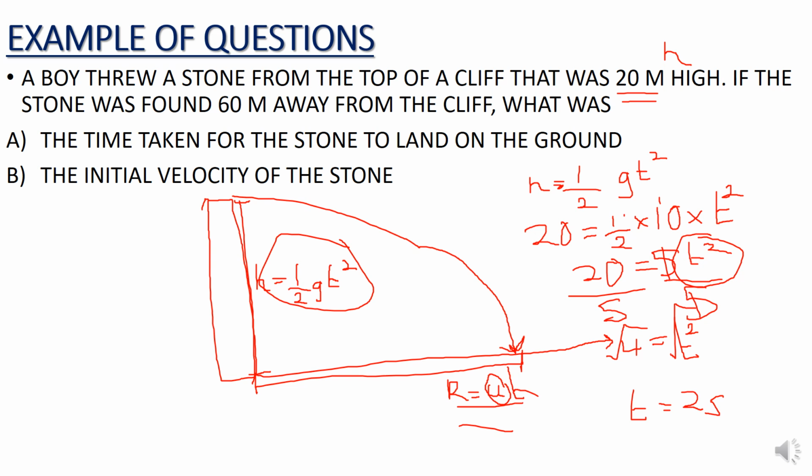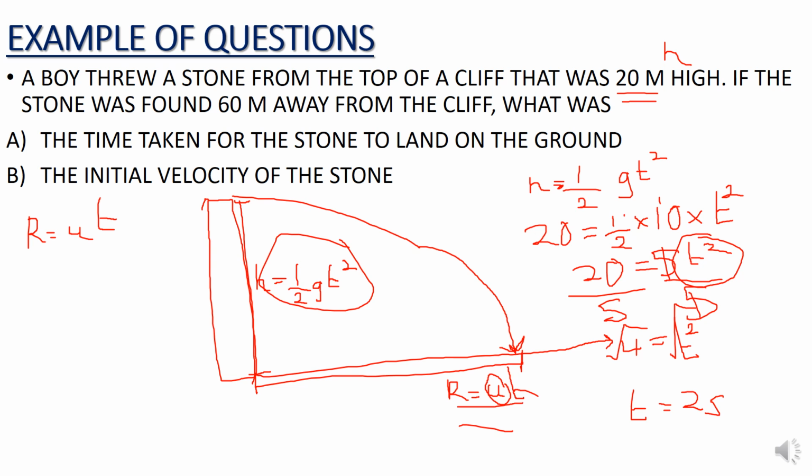And we want to make one thing clear. The time taken for both the motions is the same. There's no difference in time. So question B is asking for the initial velocity of the stone. We remember that R is equal to UT, initial velocity times time.